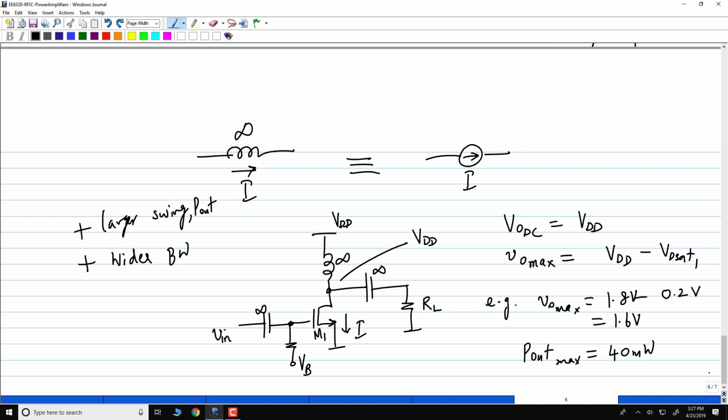Is there any chance that the transistor could go into cutoff for this circuit? Yes, it depends on the input swing. Actually, what it depends on is not just the input swing. It depends on the input bias voltage and the input swing. Because we have been assuming that the circuit has a lot of gain, you can ignore the input swing. But that automatically assumes that the transistor never cuts off. That need not always be the case.